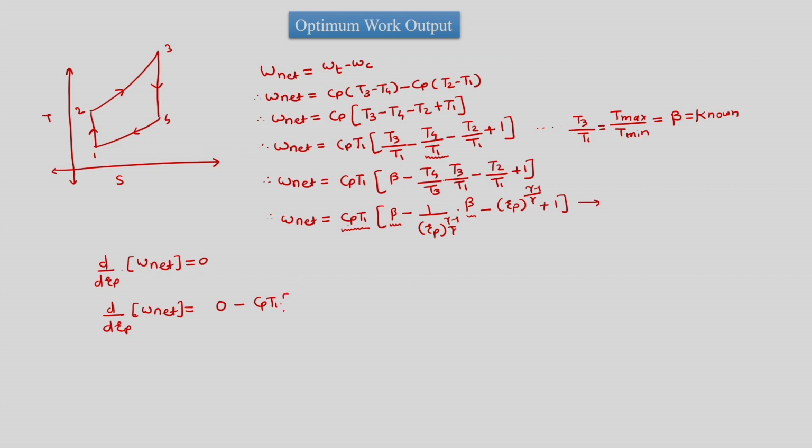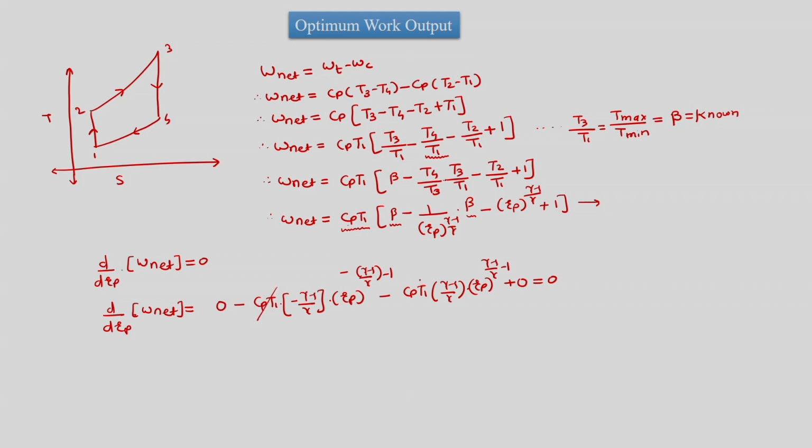Cp T1 into minus gamma minus 1 upon gamma into Rp raised to minus gamma minus 1 upon gamma minus 1, minus Cp T1 into gamma minus 1 upon gamma into Rp raised to gamma minus 1 upon gamma minus 1, and differentiation of 1 will be 0, and everything is equated to 0.